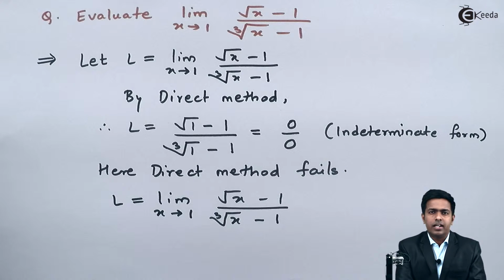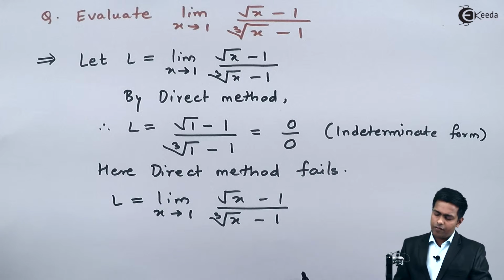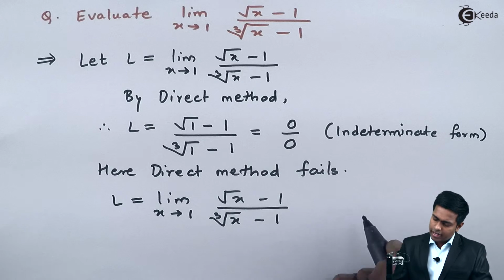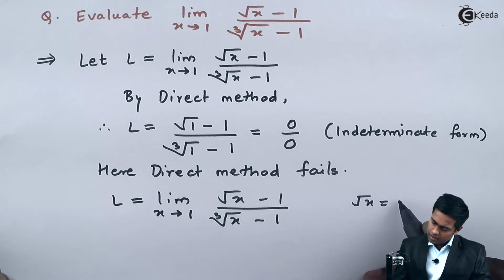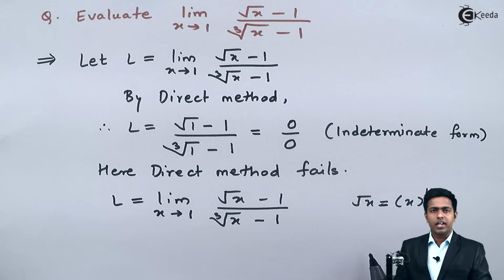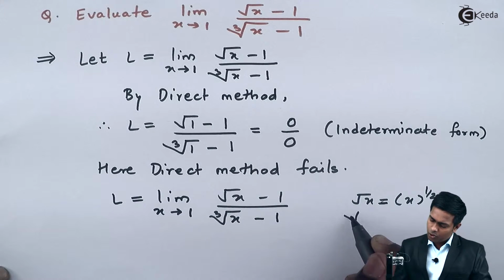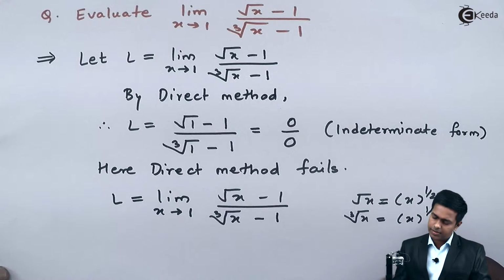Now how to decide the substitution? Let's observe the power of x. In the numerator we have root x, which is nothing but x raised to half. Similarly in the denominator we have cube root of x, which is nothing but x raised to 1 by 3.